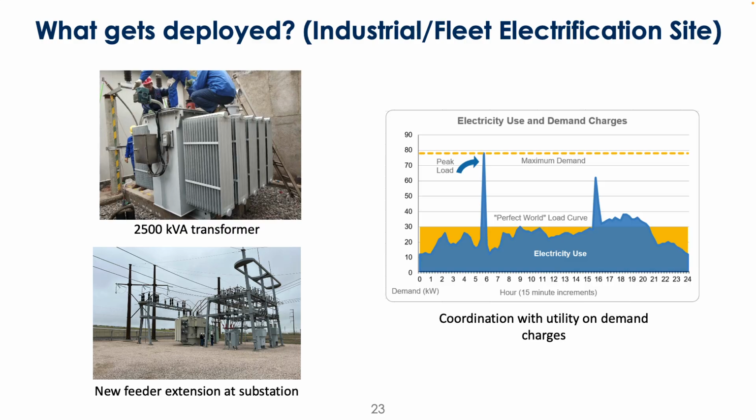And so one of the challenges with deploying DC fast charging sites is running into these demand charges, which will make recouping costs for service providers a little bit more challenging. But there have been some workarounds with that with the legislature and the PUC.